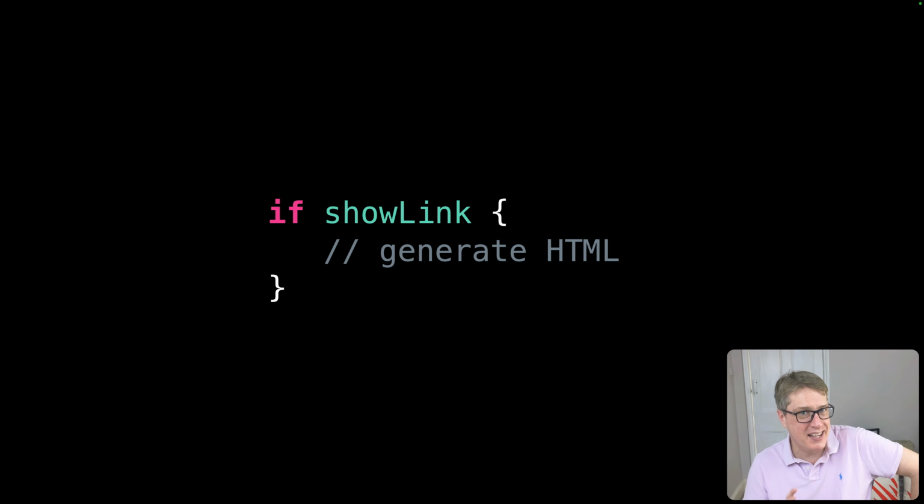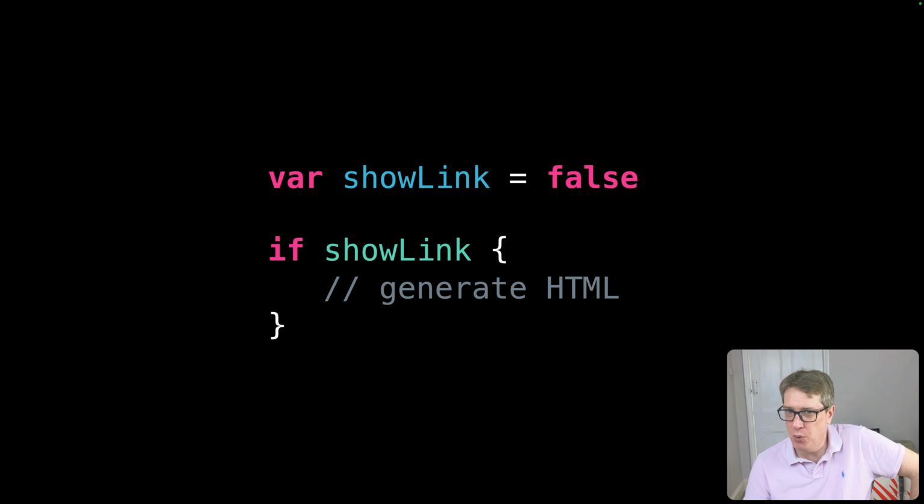But we want to add a condition in our builder. We want to generate some HTML only when showLink is true. But our builder wants to generate HTML. So what should it do when the condition is false, when there is no HTML to generate?